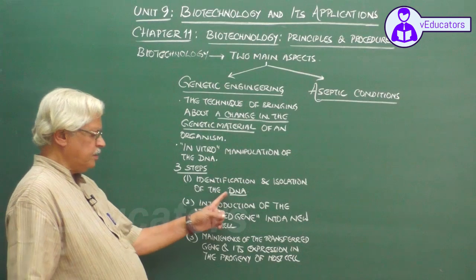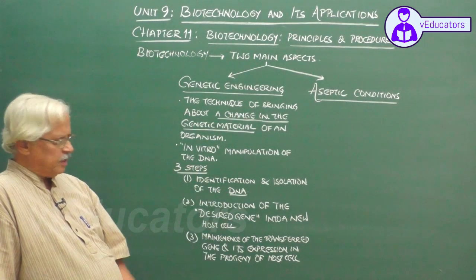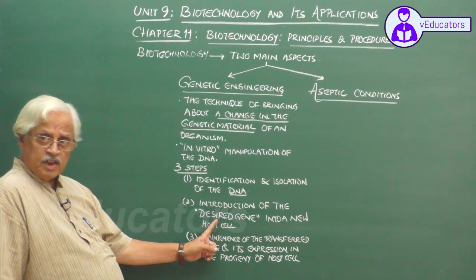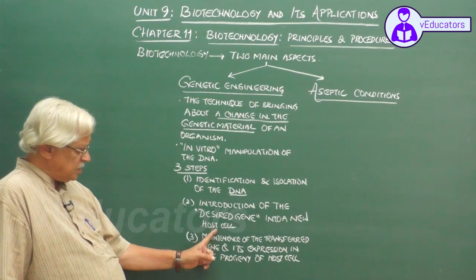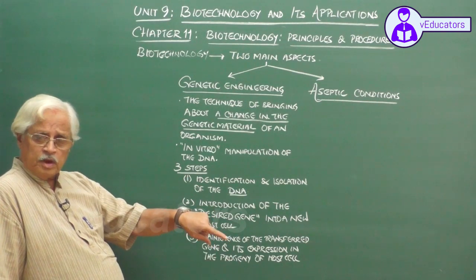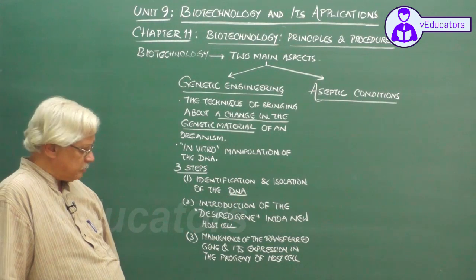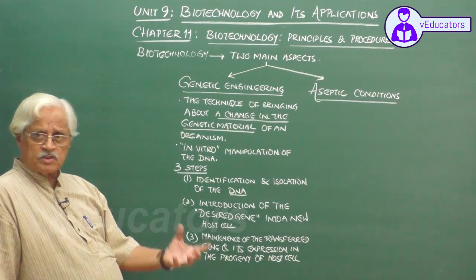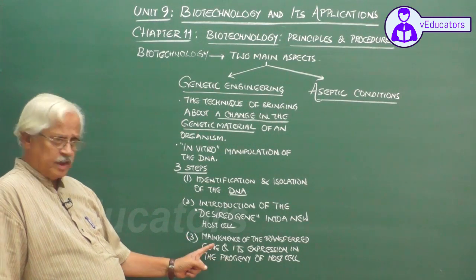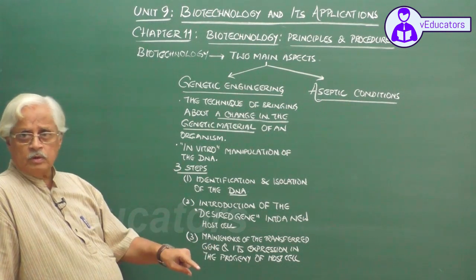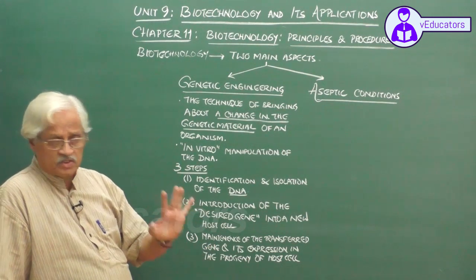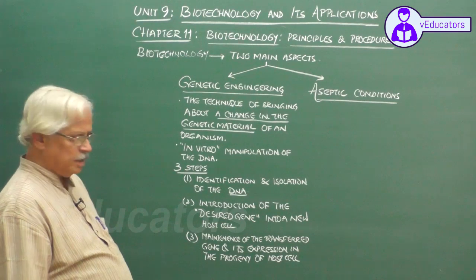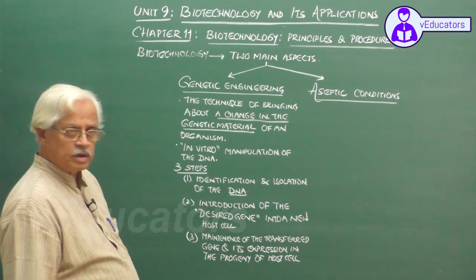So you are going to identify the DNA that is supposed to be transferred. From that you are going to isolate the desired gene, transfer this desired gene into a new host cell in which this DNA is not present earlier, maintain the transferred DNA and see that when the host cell reproduces, the transferred DNA also reproduces or replicates. So these are the three steps that are involved in genetic engineering.